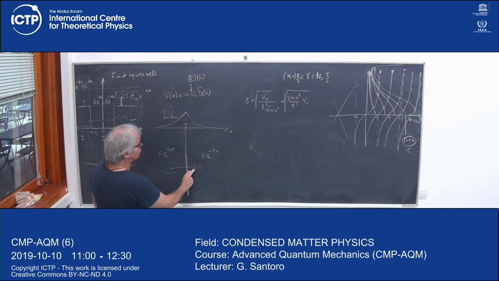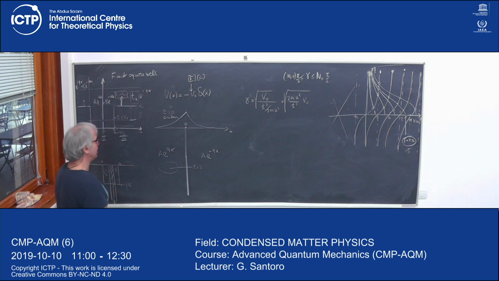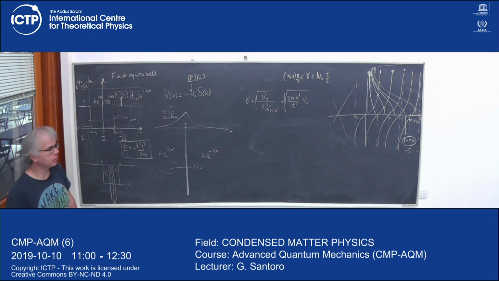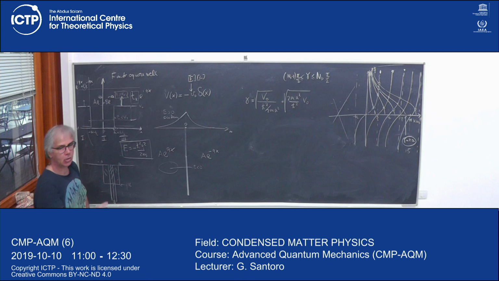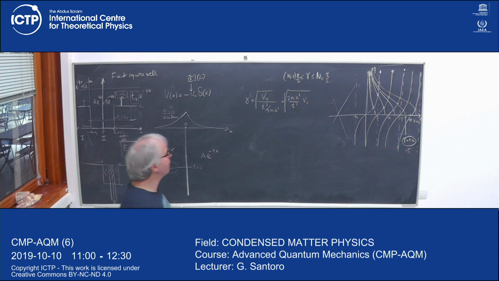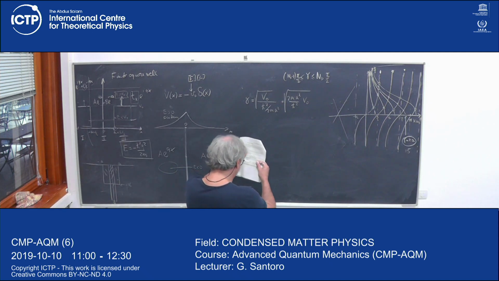Good, fantastic. Okay, what about Q? How is Q related to the energy? Remember, the energy is negative, it is minus h bar square Q square divided by 2m. Okay? All Q's are possible, so all energies are possible? No. There will be a special Q, and therefore a special energy, which solves the Schrödinger problem. How do I set it up? I set that up in the following way.